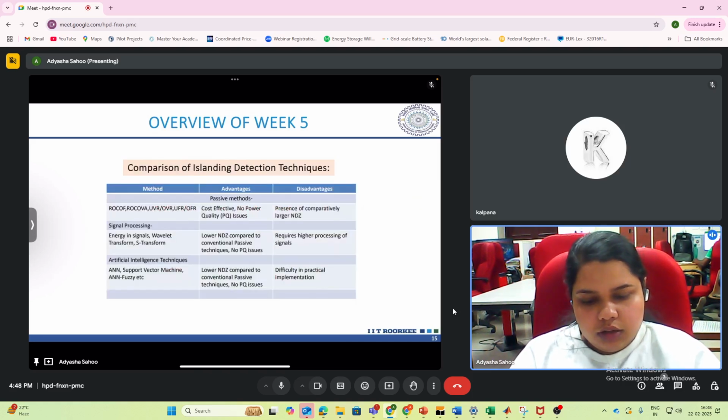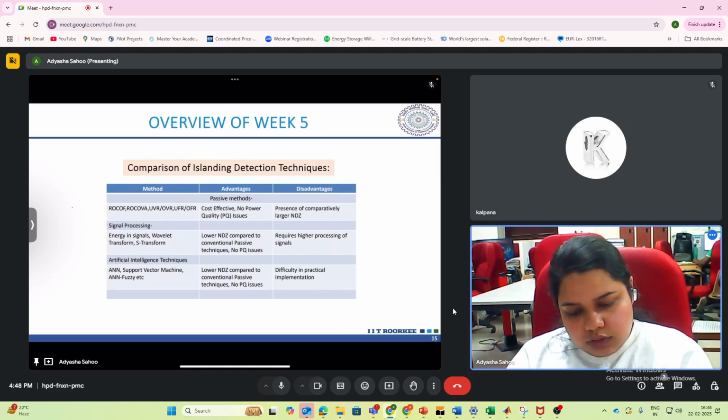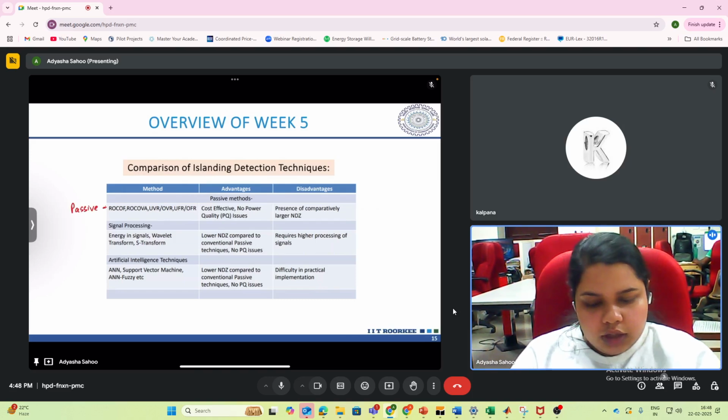So if we compare the various methods that we studied here, this first one is the passive one. Here you have ROCOF, the rate of change of frequency, rate of change of voltage angle, then under voltage relay, over voltage relay, under frequency relay, and over frequency relay.